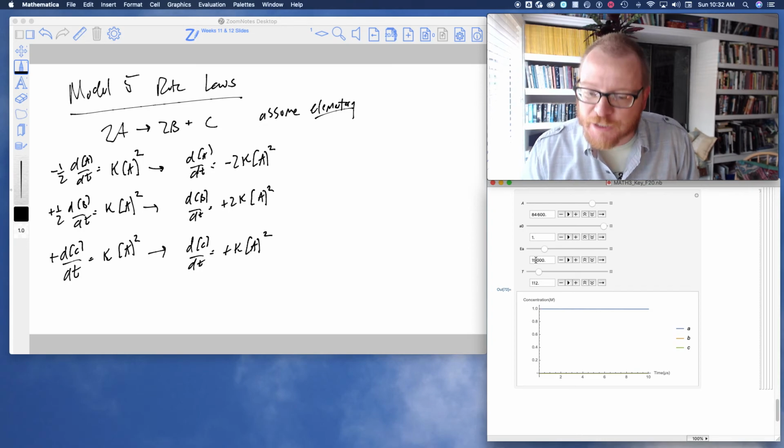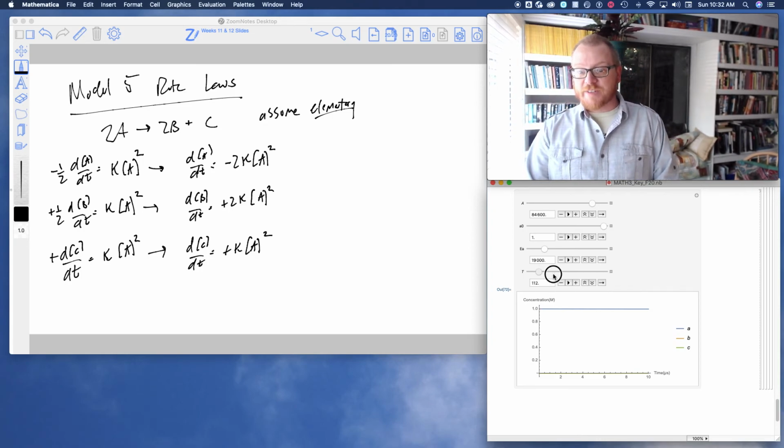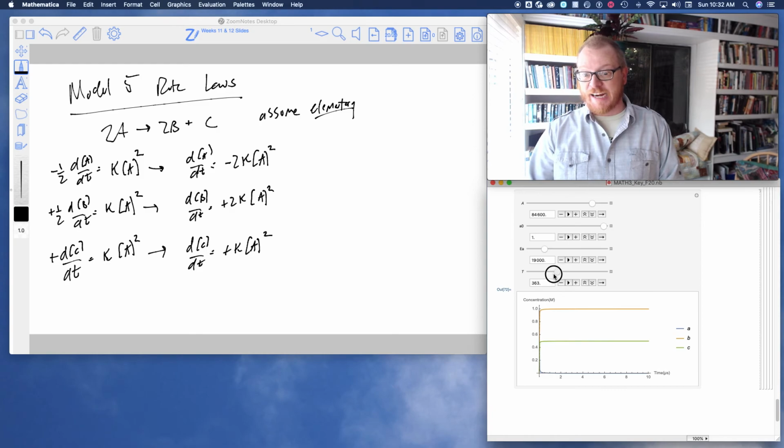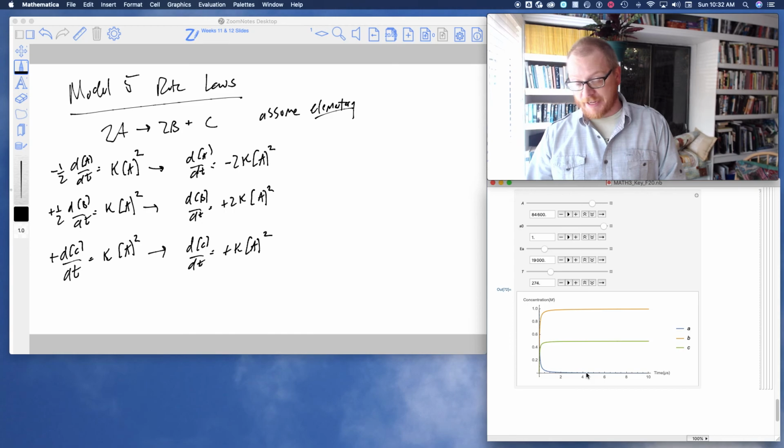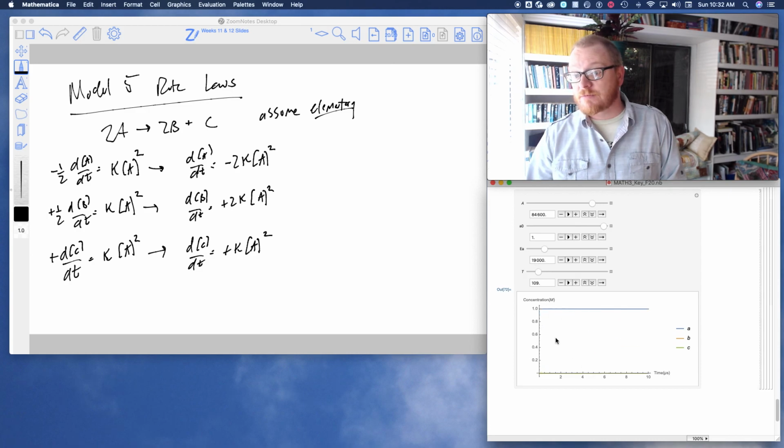For 19 kilojoules, room temperature is definitely sufficiently high to make this react over like 1 microsecond. Okay? But for that same 19 kilojoule activation energy, at 100 Kelvin, it's not changing. All right?